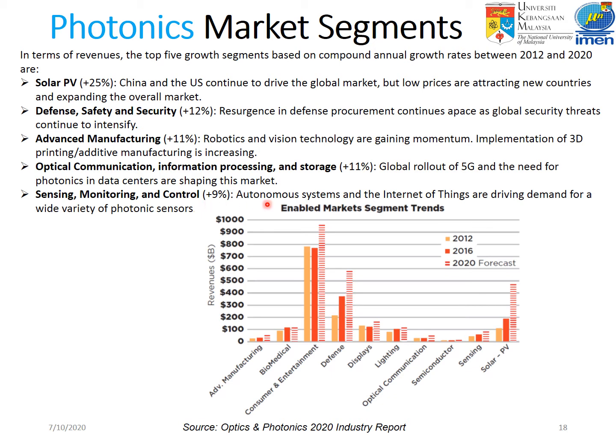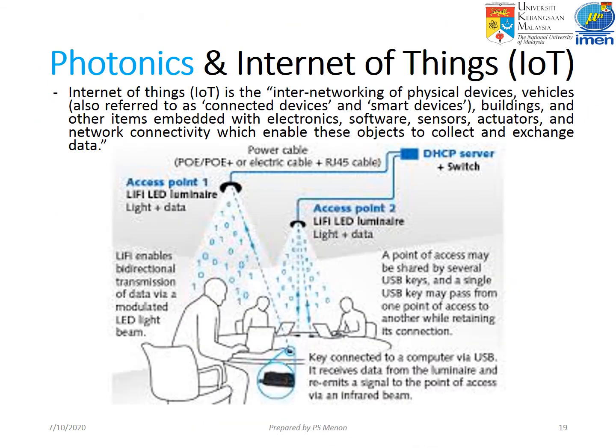So the demand for autonomous systems and the Internet of Things are driving demand for a wide variety of photonic sensors. Okay, so the source of this report is from the Optics and Photonics 2020 Industry Report.